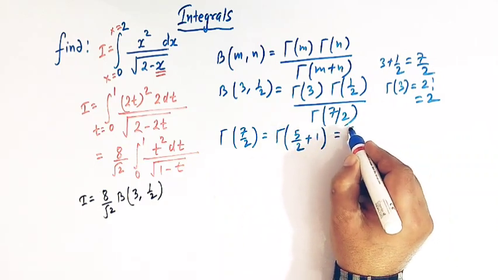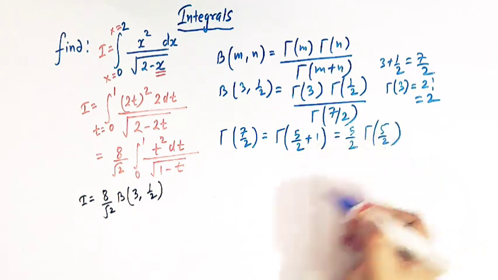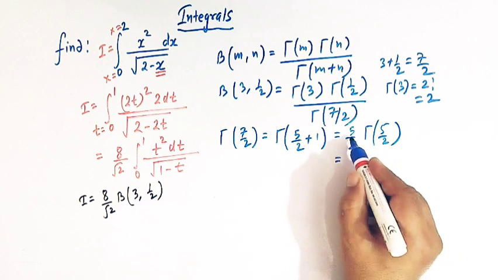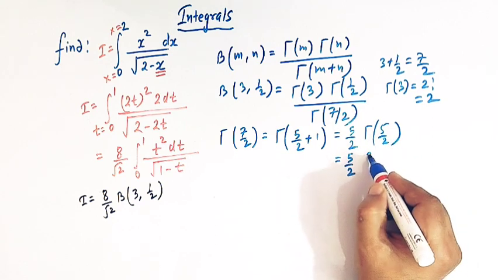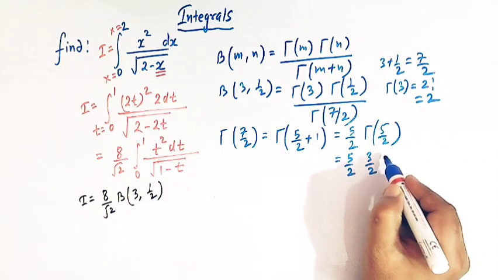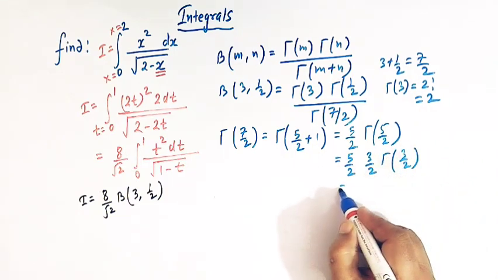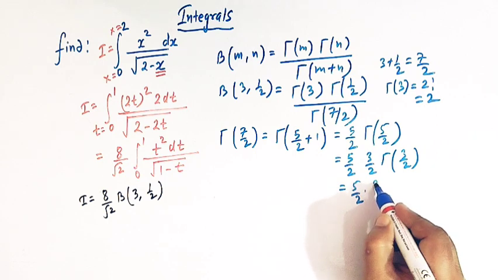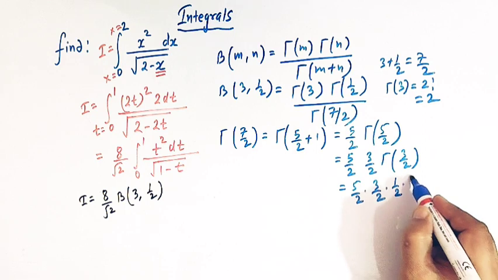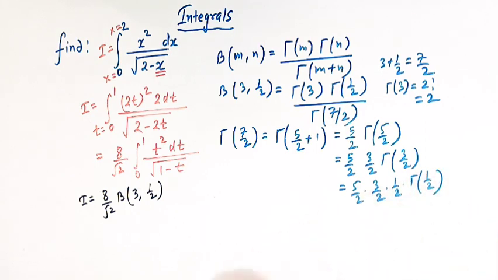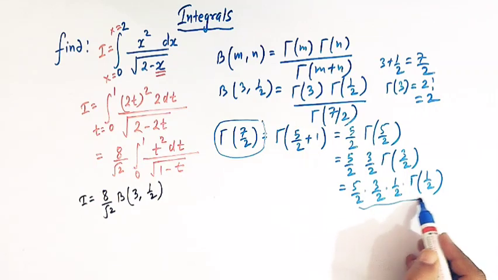So this is 5 by 2 gamma of 5 by 2. And further we can write gamma of 5 by 2 as 3 by 2 gamma of 3 by 2, and then 3 by 2 gamma of 3 by 2 as half times gamma of half, right? So this quantity is equal to this expression.